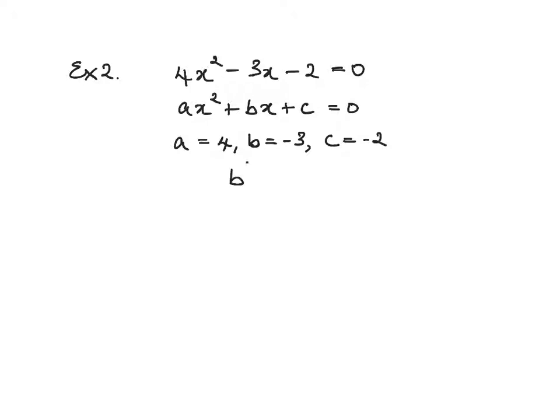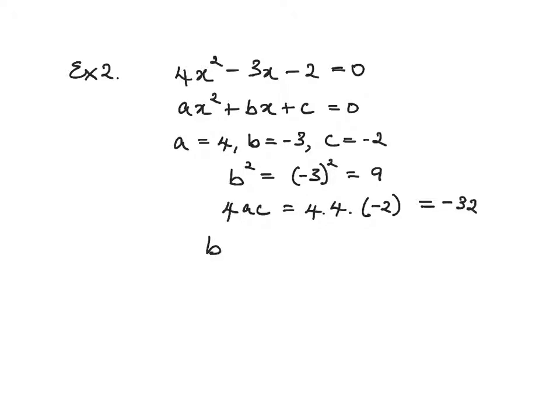B squared is minus 3 squared. Remember, if you're squaring a negative, you get positive. 4ac, 4 times 4 times minus 2. 16 times minus 2 is minus 32.